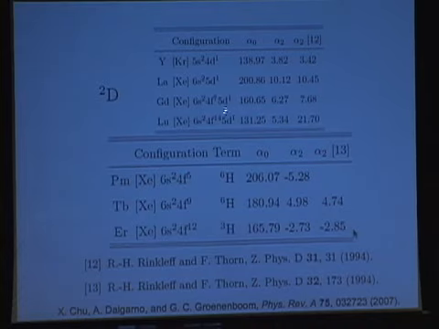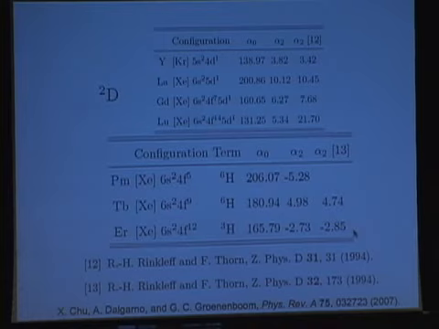When it's particularly pulled towards the core, it probably will shield the d electron from the nuclear charge, and the d electron is responsible for the anisotropy of the polarizability.